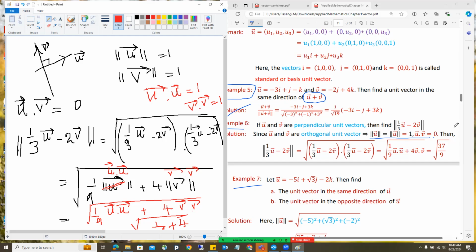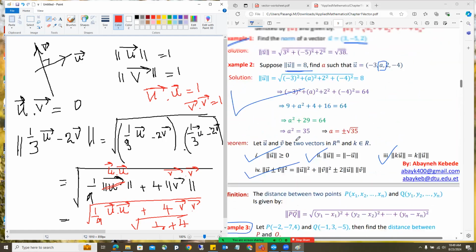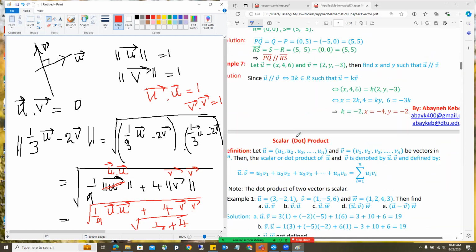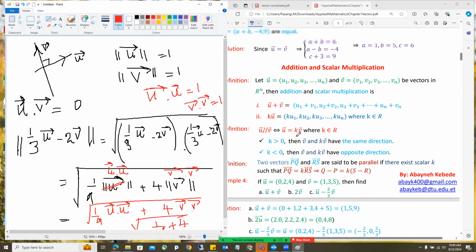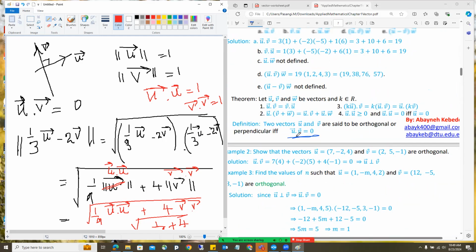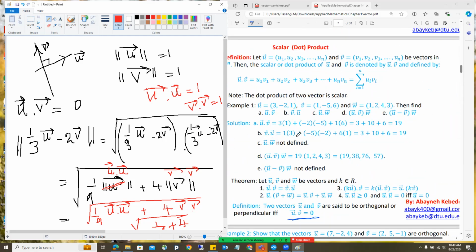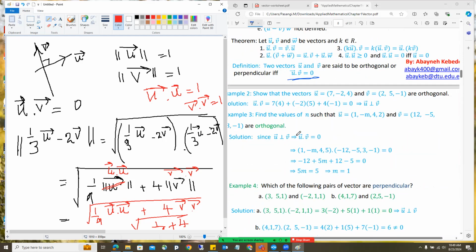How did you turn the 1/3 u minus 2v into these two vectors, into brackets? Let me show you. Earlier, when we did the scalar or the dot product, can you remember that we did? Let me show you the theory.